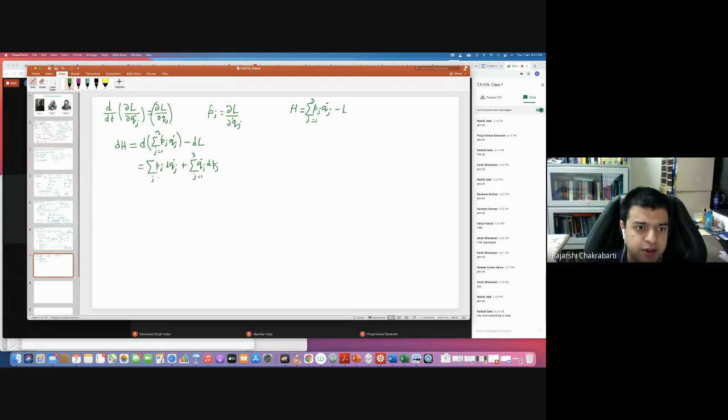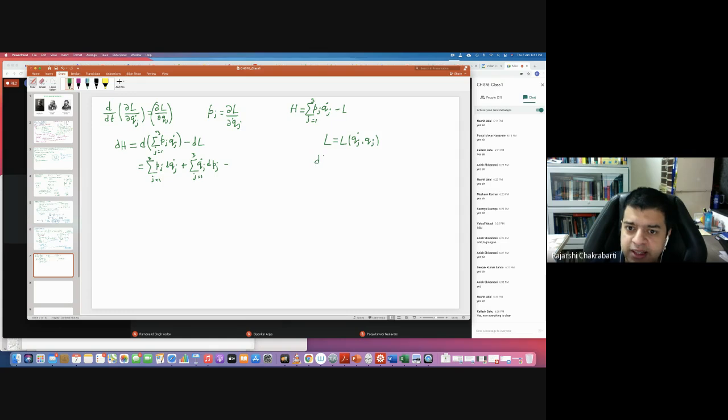If I forget to write it, tell me. What about the other term, dL? Now you have to learn this thing. This is what I want you to learn. L is a function of what? Qj dot and Qj, that is how the Lagrangian is defined. It's a function of velocity and position.